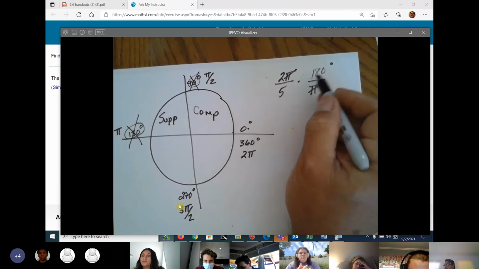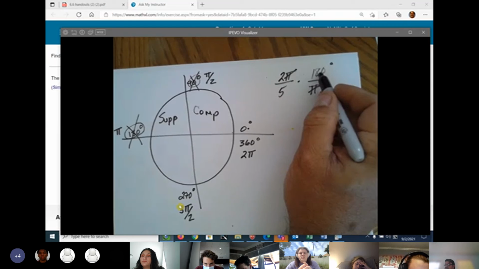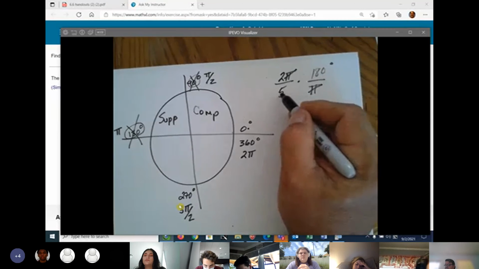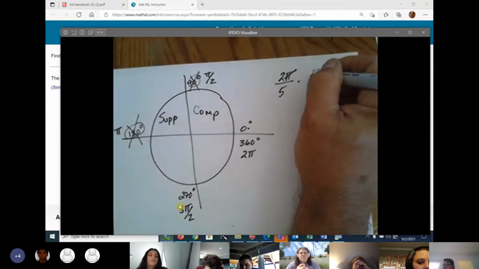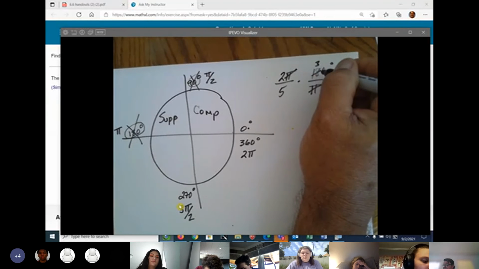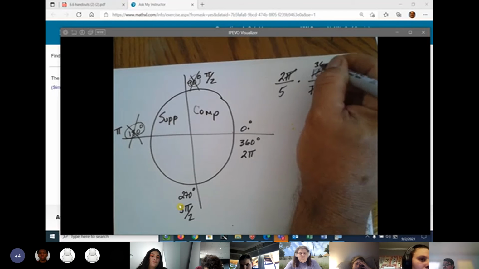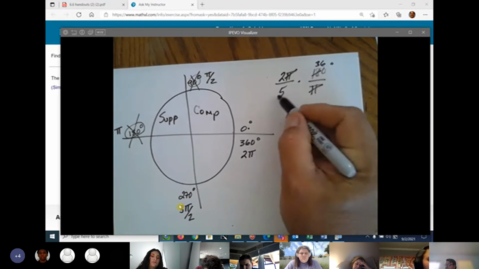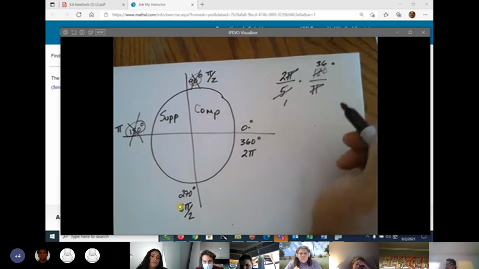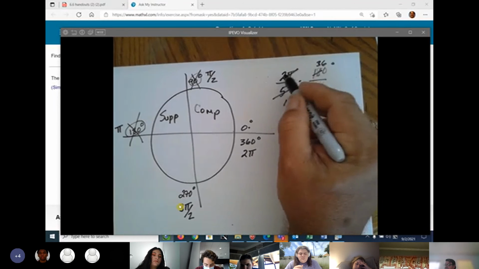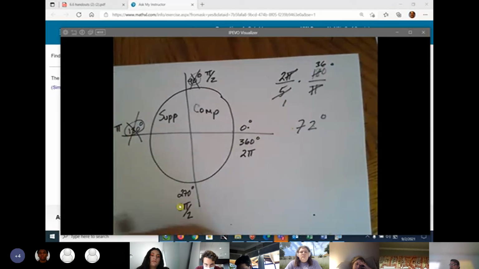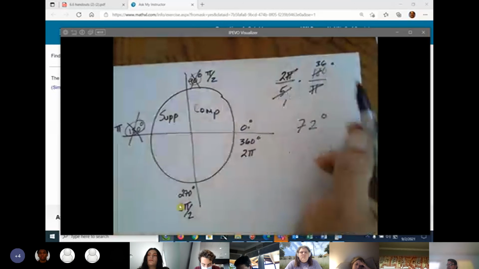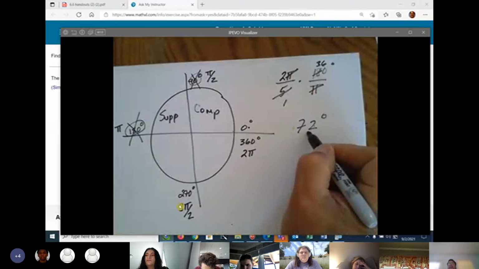Will 5 go into 180? Yes, 36 times. 5 will go into 18 3 times, that's 15, and 30, 36. So 36 times 2 is 72. So 2 pi over 5 is really 72 degrees.